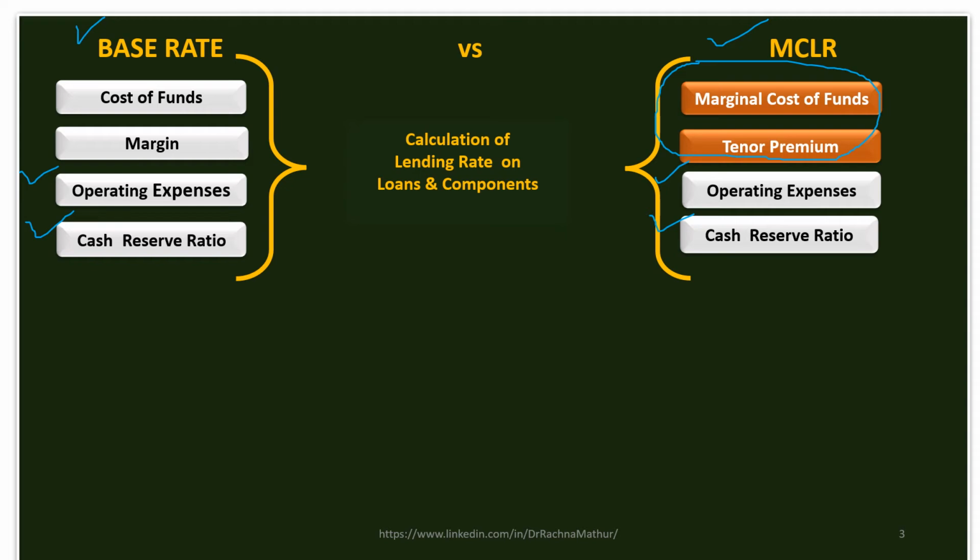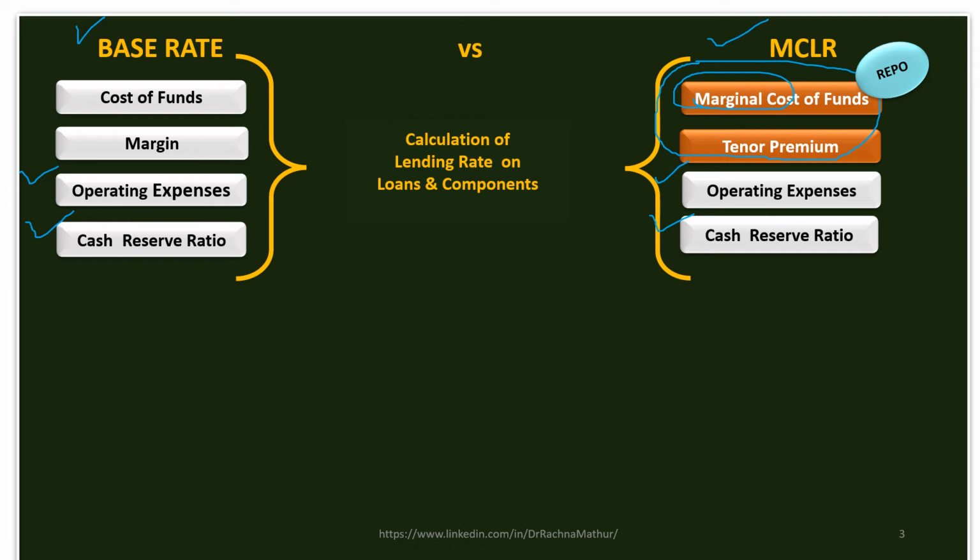Under MCLR system, banks are required to determine their benchmark lending rate linked to their marginal cost, which is highly influenced by the change in the repo rate by RBI.